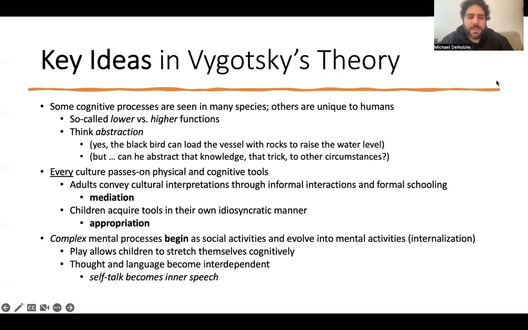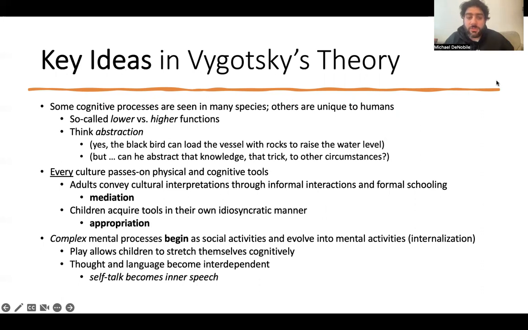Every culture passes on physical and cognitive tools. Adults convey cultural interpretations through informal interactions and formal schooling, known as mediation. That's one of Vygotsky's terms, mediation. We're going to go more in depth on that later on. Children acquire tools in their own idiosyncratic manner, which is called appropriation.